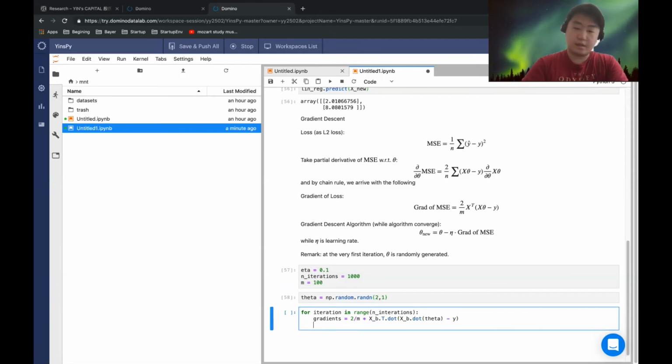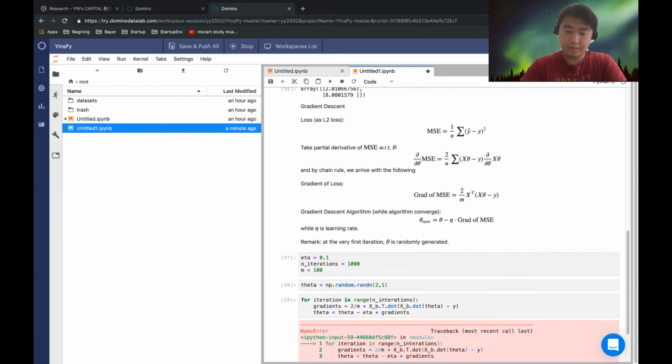Once we have the gradient, we update our theta. We don't want to call it a new name because we want to override whatever this is. So theta is going to be theta minus eta times gradients. Let's hit it. Boom.